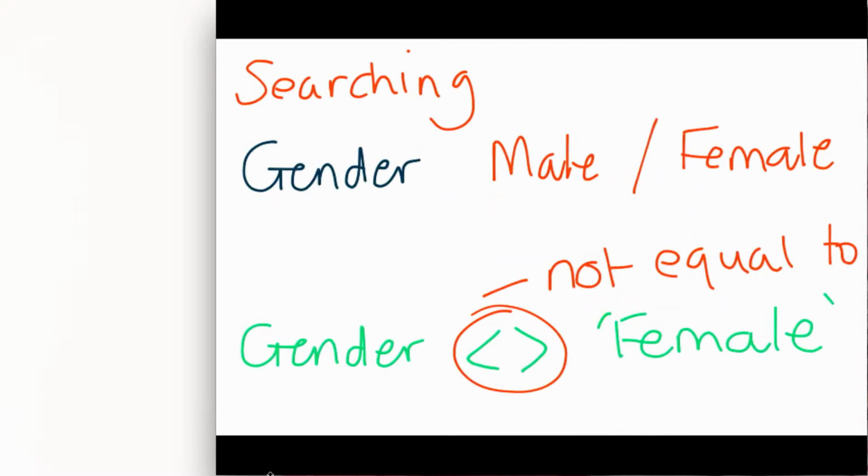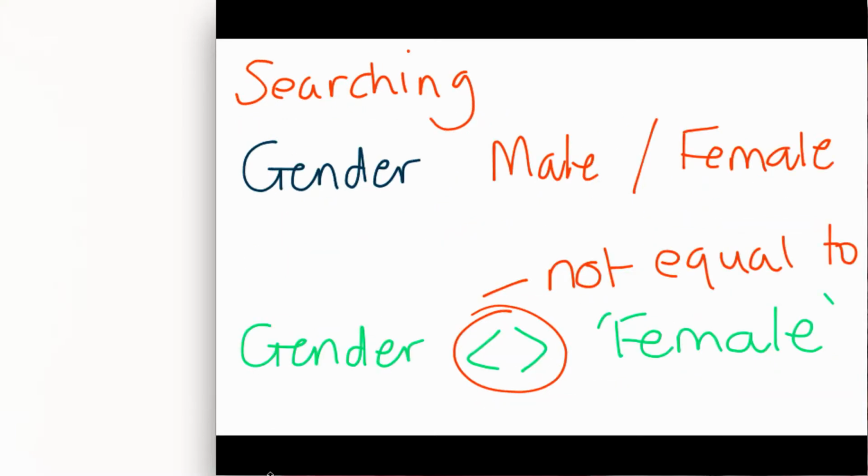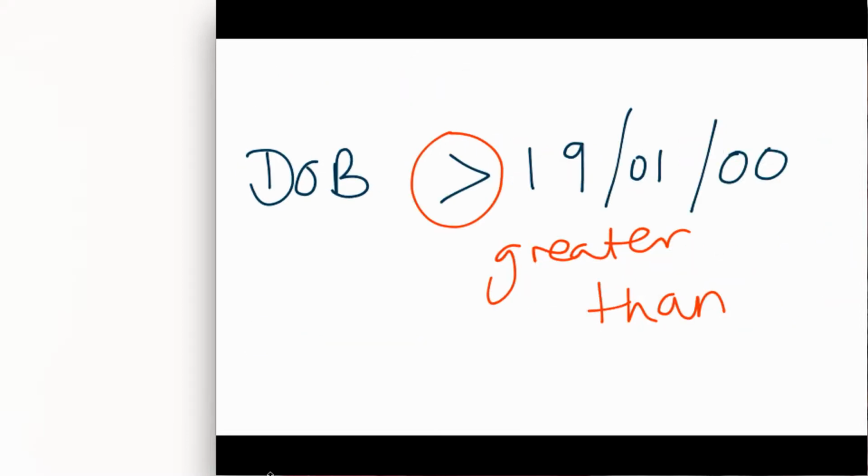So we've talked about the equals operator, less than operator, the and operator. We've talked about the not equal to operator and the greater than operator.